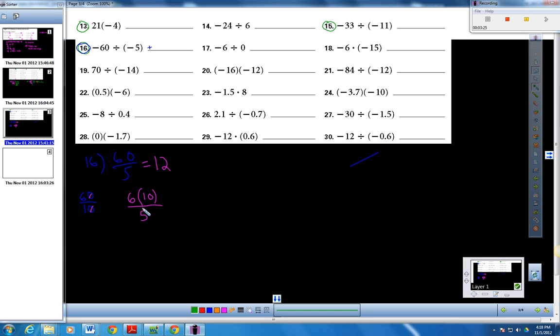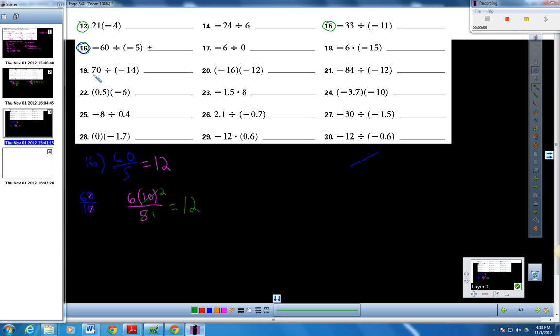I know what 10 over 5 is: down here there's one group of 5, and up here there are two groups of 5. So I could rewrite this as 6 times 2 divided by 1. 6 times 2 divided by 1, we all know, is 12. That's how I use chunking with division to evaluate negative 60 divided by negative 5.